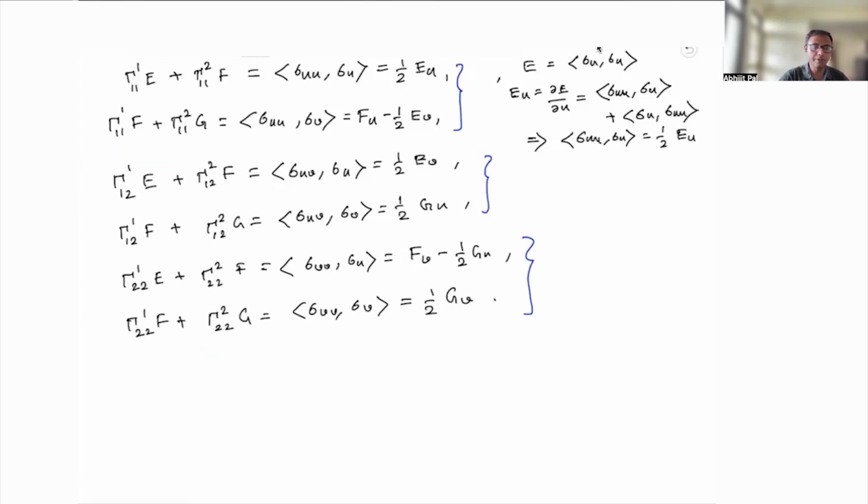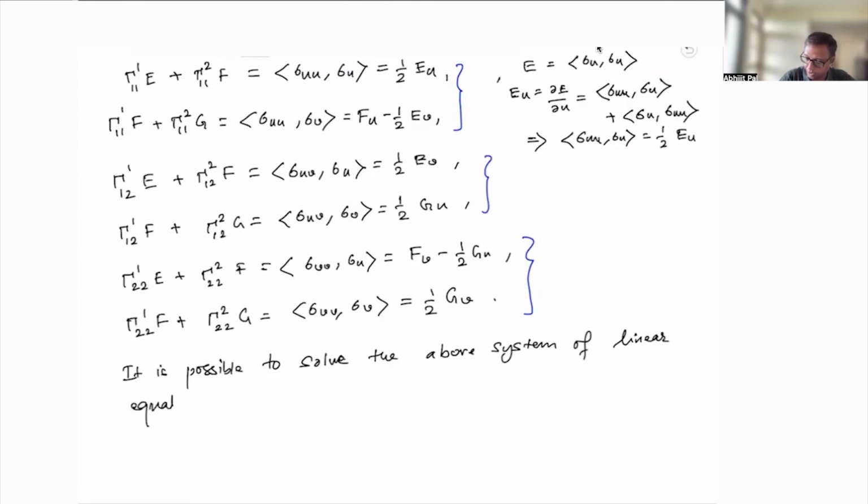Okay, so we have the following conclusion. It is possible to solve the above system of linear equations as EG minus F square is not equal to 0.